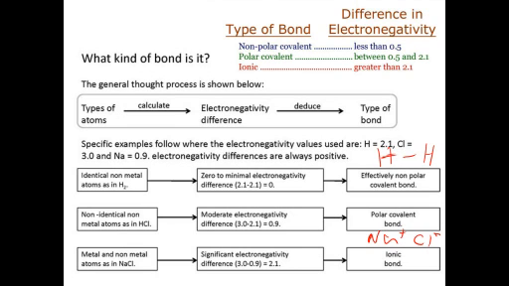In other words, one atom has such a strong attraction for electrons that it effectively keeps it. It steals it. It never gives it back. We'll talk about nonpolar covalent bonds, polar covalent bonds, and ionic bonds in the next couple of slides.